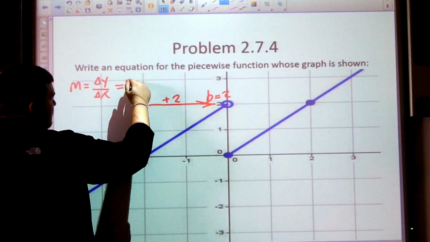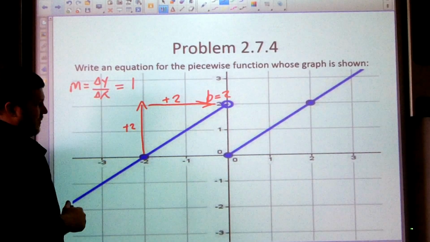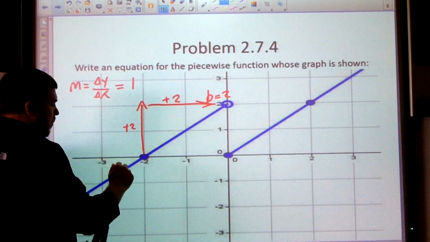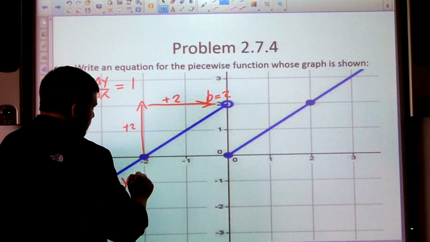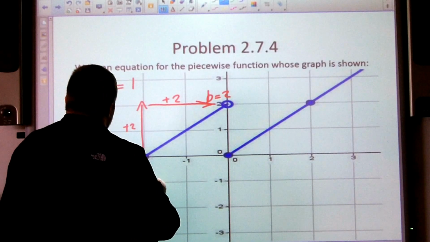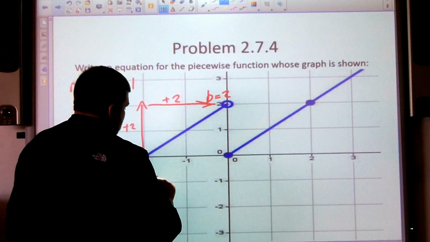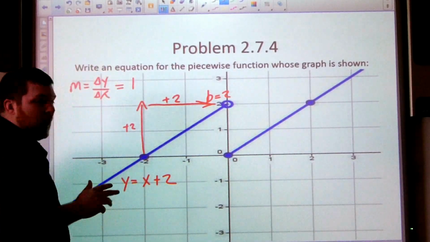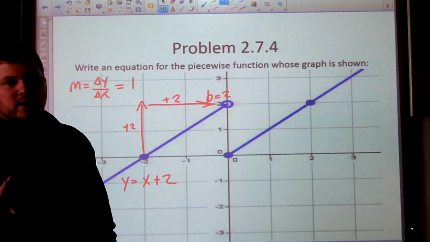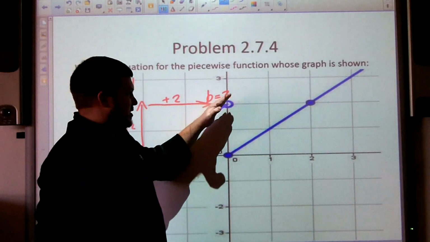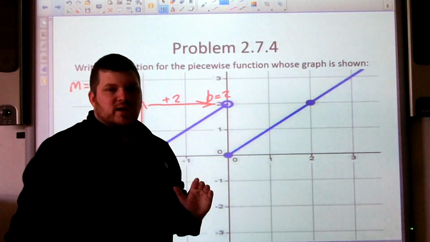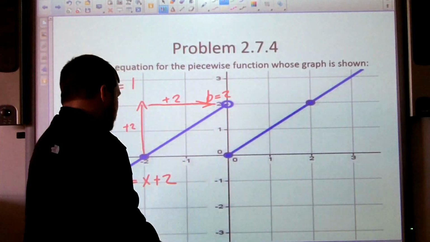So my slope is 2 over 2, which is 1. So this line right here is y equals x plus 2. Okay, I'm not worried about restricting it right yet. Now, if I don't restrict it, it's going to keep going on forever. We're going to take care of the restrictions in just a moment.